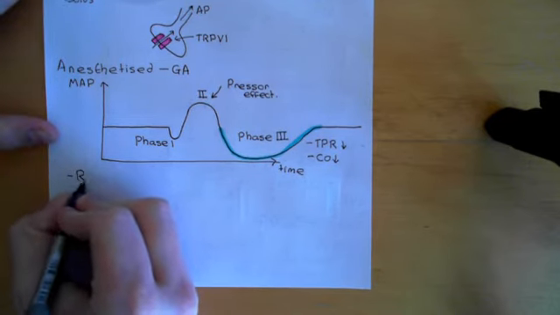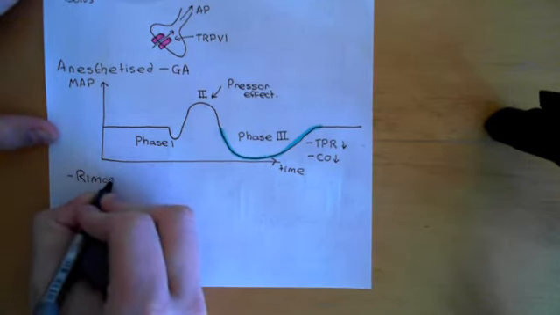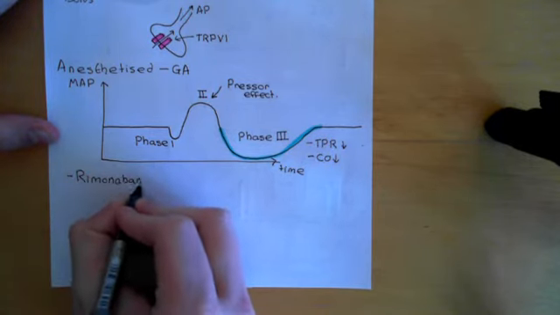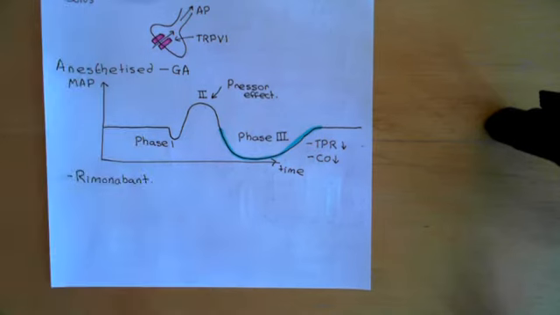Okay, right. The other thing to say that is notable is that there is a drug, and this drug is rimonabant. Now rimonabant is an anti-obesity drug, and the reason it's an anti-obesity drug is that it has some effect on appetite. It has an ability to decrease appetite, for reasons that aren't particularly well understood. It's not particularly good at doing it, but it is used as an anti-obesity drug.